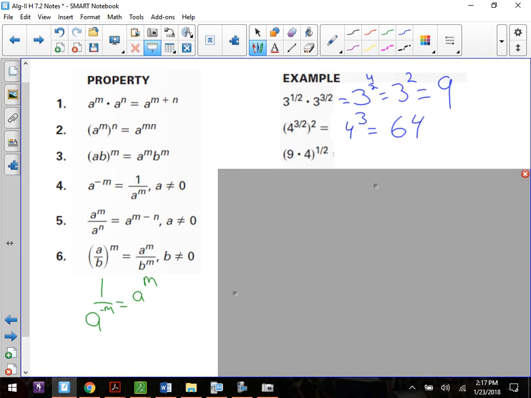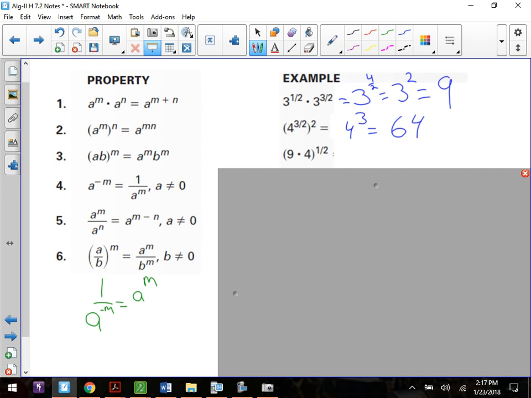Next one's pretty self-explanatory. There's 2 ways of going about one like this because it's rather clean. I have the quantity 9 times 4 to the 1/2 power. Well, according to the property, that means I just distribute the exponent to the 9 and to the 4. So I have 9 to the 1/2 times 4 to the 1/2. Or, if you think about order of operations, it tells me, please, parentheses, inside my parentheses, I have 9 times 4, which is 36, and what's the 1/2 power stand for?